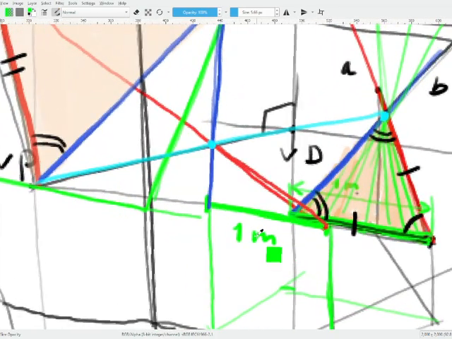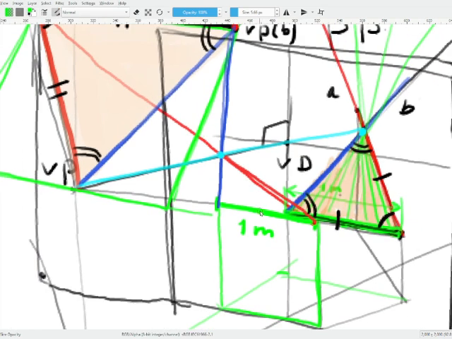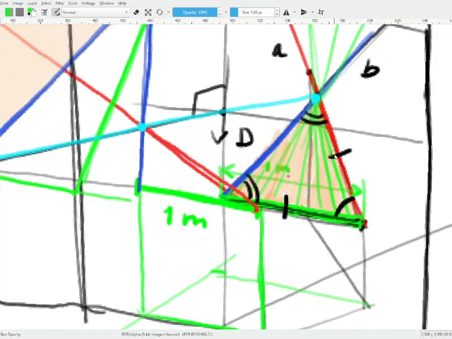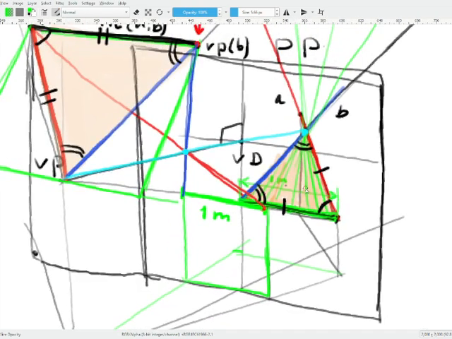So we could say that this segment and this segment display equal length, because they are projections of something which has equal length.